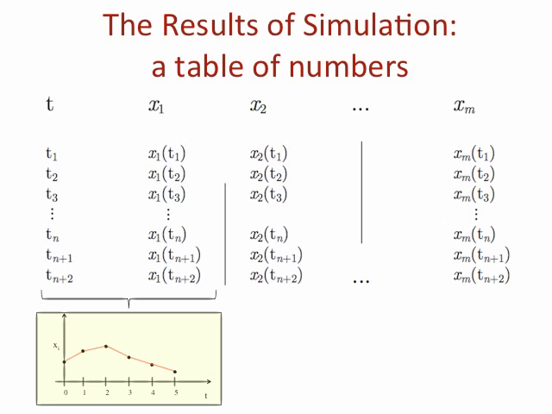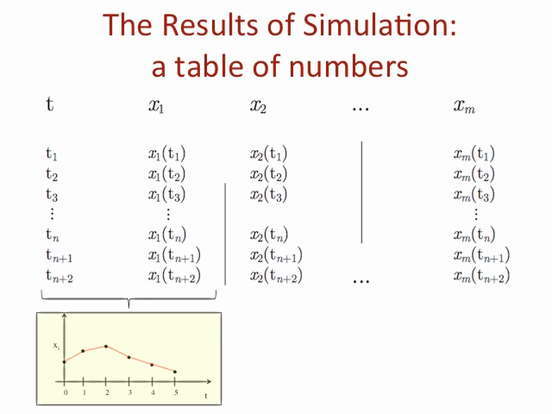In packages like MATLAB and Mathematica, you will never see these numbers. These numbers are fitted with a piecewise linear representation or with a cubic spline, depending on the point density in time.